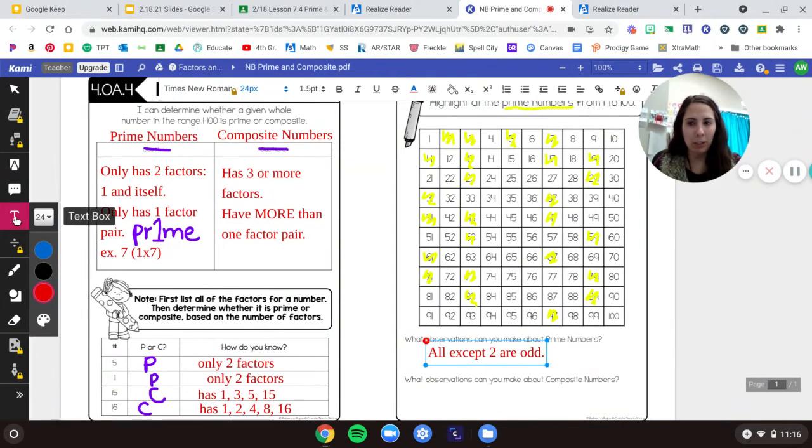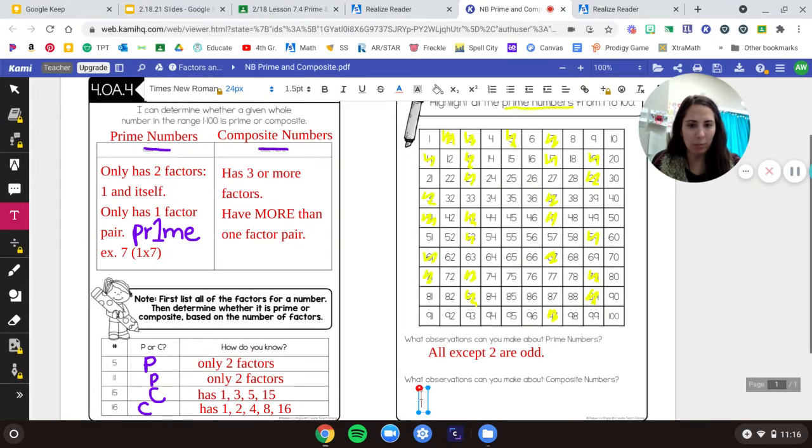So then we can notice about composite numbers, the ones that aren't highlighted. It kind of jumps around a bit. So let's take a look. We noticed that all prime numbers were odd except for 2. What do you notice about composite numbers?